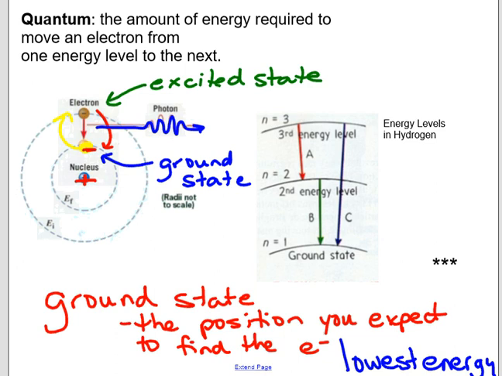Now, when we think about hydrogen, hydrogen's ground state is to have one electron in its first ring. That's where we'd expect to find it. It is possible, if I hit hydrogen with enough energy, that I can kick this electron up to the second ring.